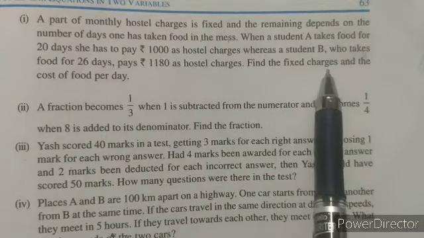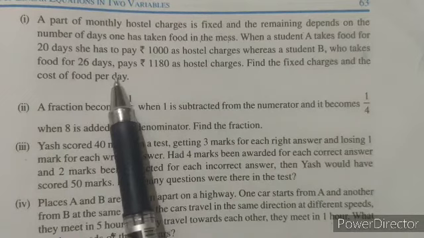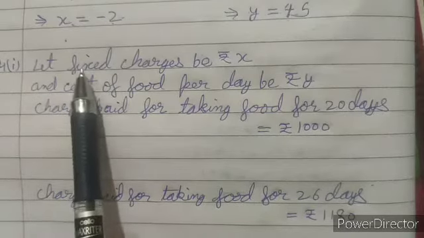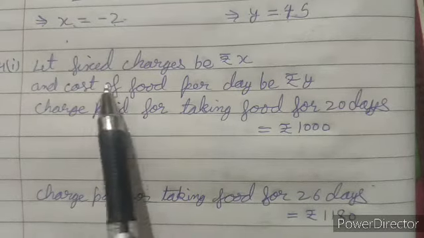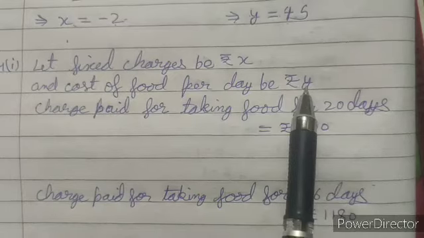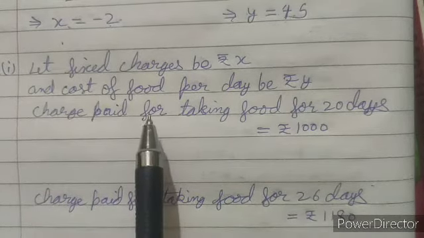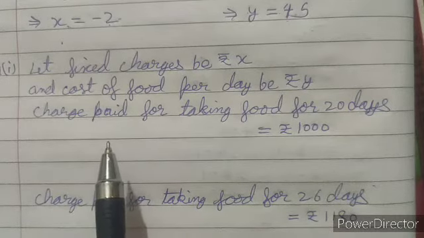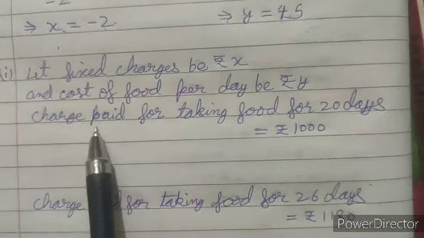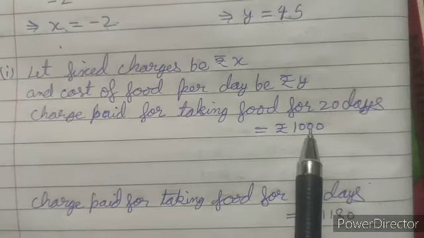So we take fixed charges as rupees x and cost of food per day as rupees y. Now it is given that A took food for 20 days and paid rupees 1000 as a charge. That means the charge paid for taking food for 20 days is rupees 1000.